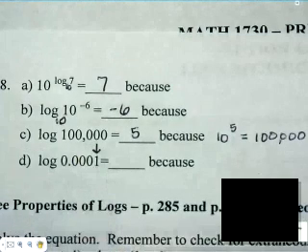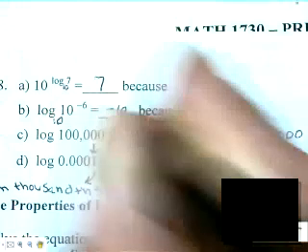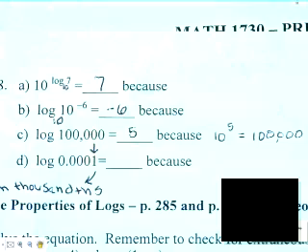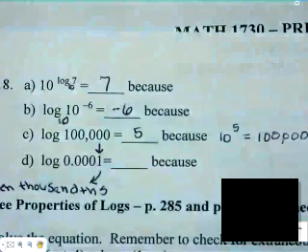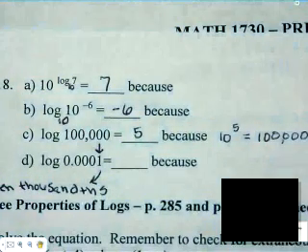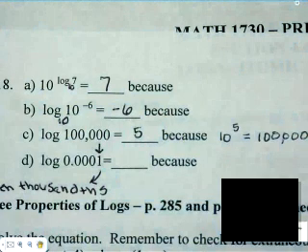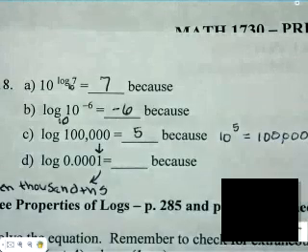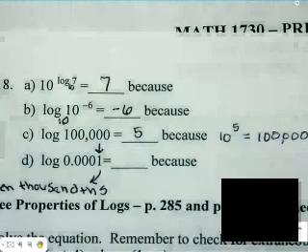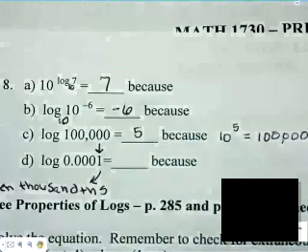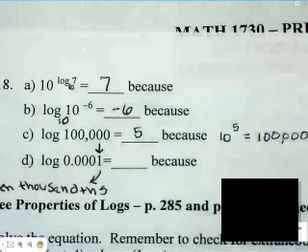That 1 is in the 10,000ths place. How many times do you have to multiply 10 times itself to get 10,000? 10, 100, 1,000, 10,000. 10 to the 4th would give you 10,000.